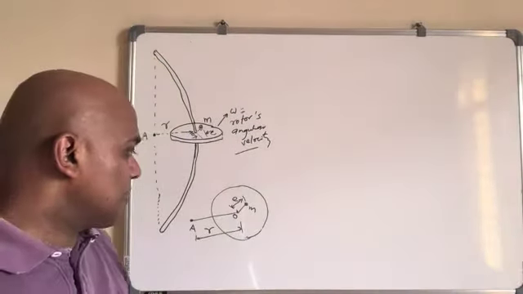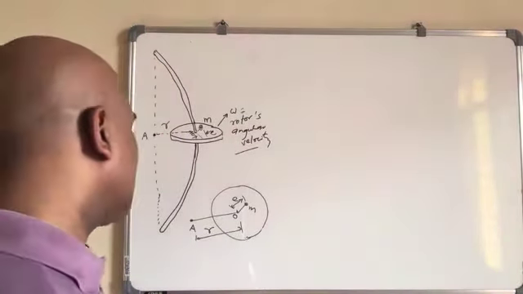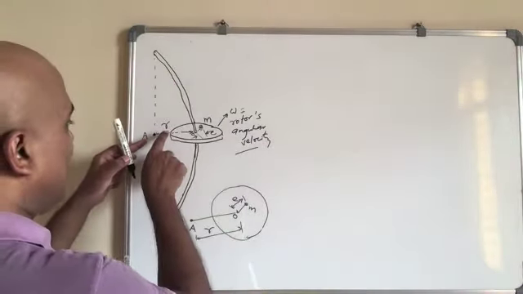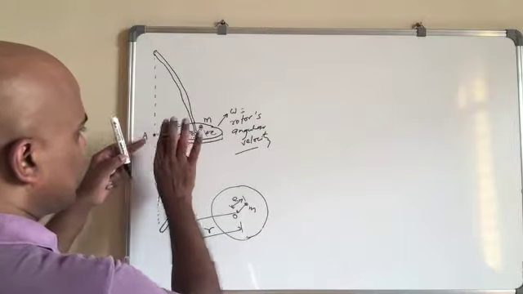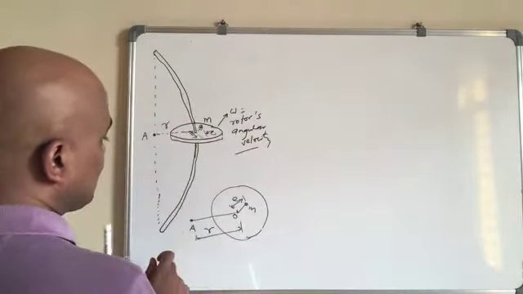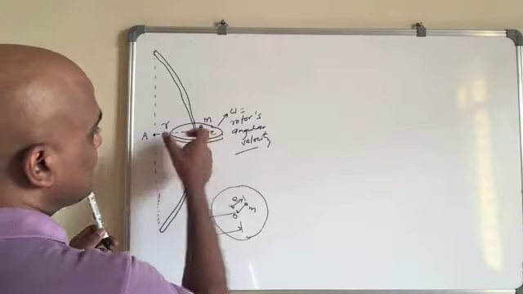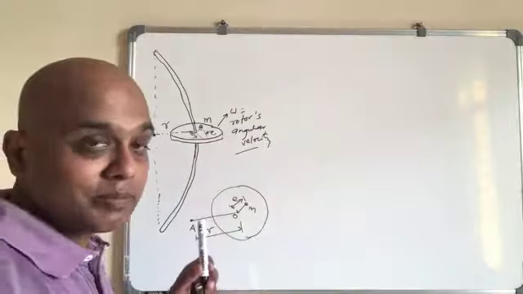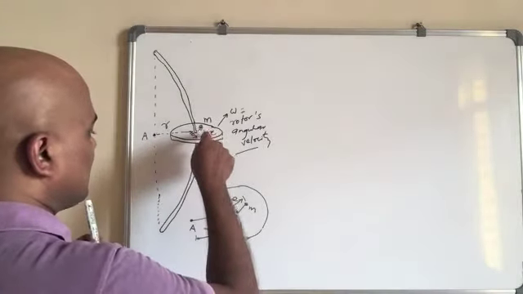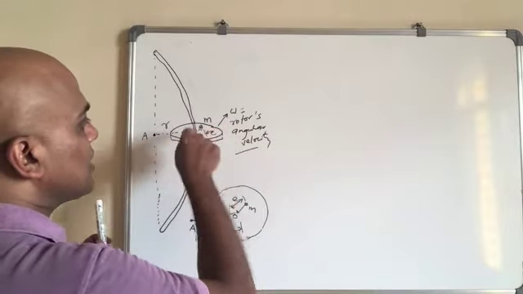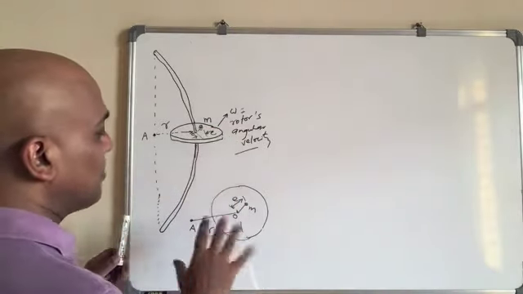Remember that there are two kinds of rotation here. One is the rotation of r; this r itself is rotating. The second is the rotation of this rotor itself. So omega is the absolute rotation with respect to some fixed line.